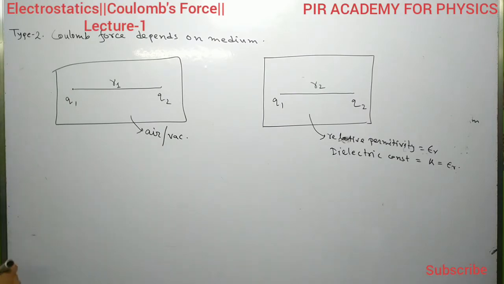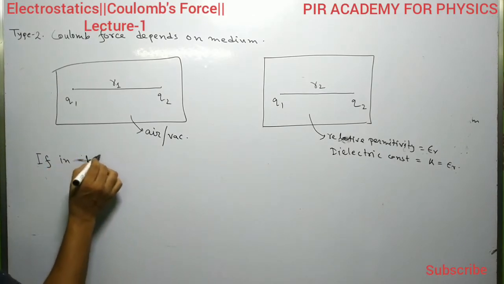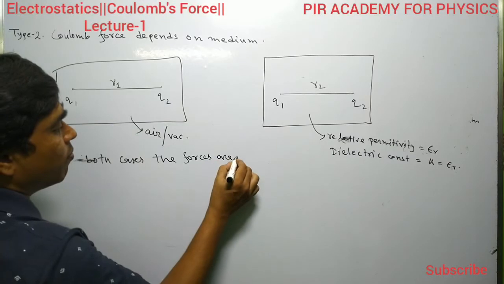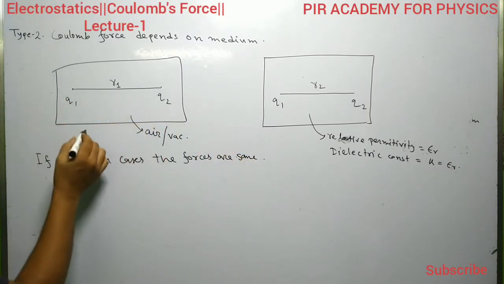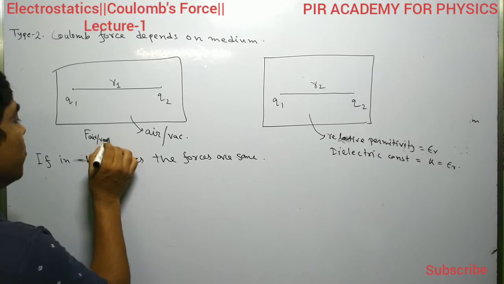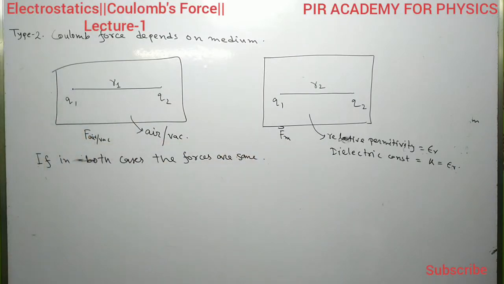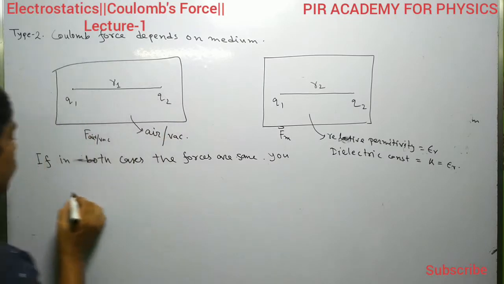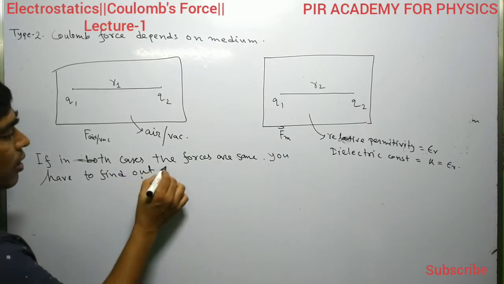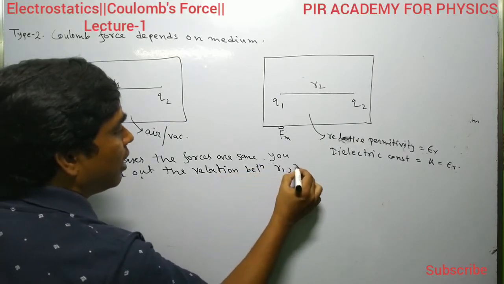If in both cases the forces are the same, that means F of air or vacuum and F of medium are equal, then you have to find the relation between R1 and R2.